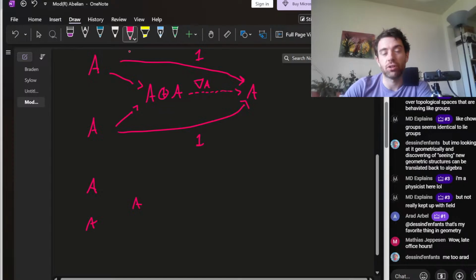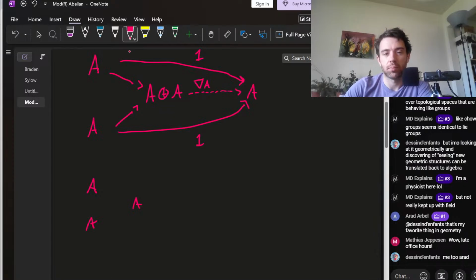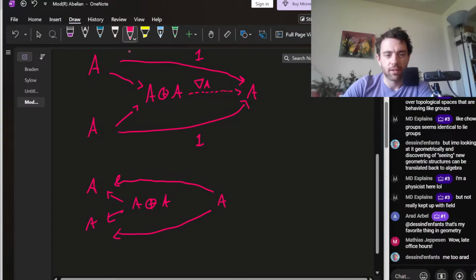That's crucial, which is satisfied in the category of modules. Simply reversing all the arrows, and because this thing also satisfies the universal property of the product, reversing everything but still using the identity, we also get what's called the diagonal map.